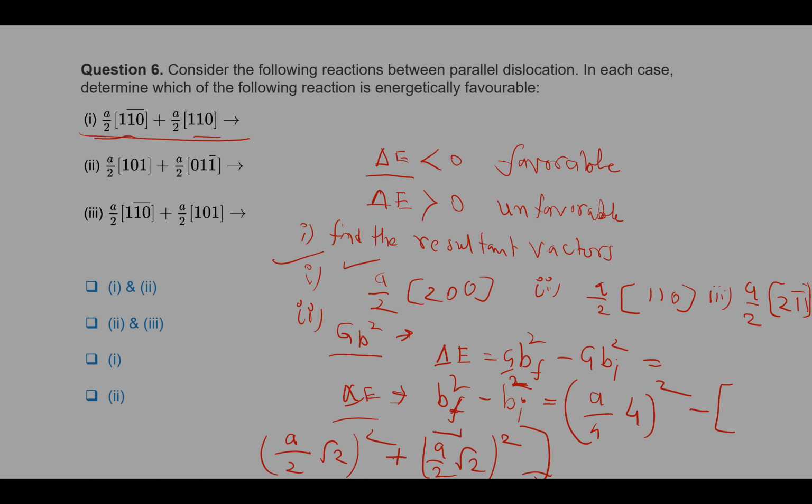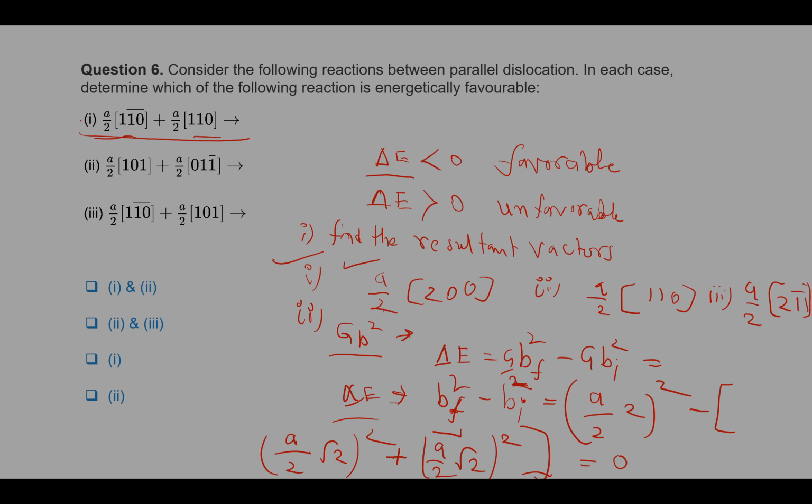Now we have to reduce. I think I'm making some mistakes here. I'll cross check once. Yeah, here this value is 2 and this is also 2. So after calculating this, it will become 0.